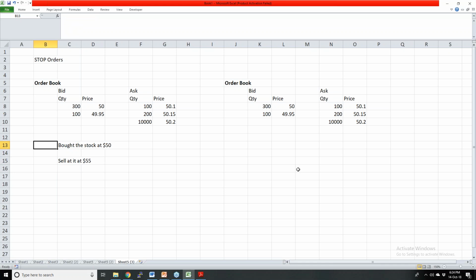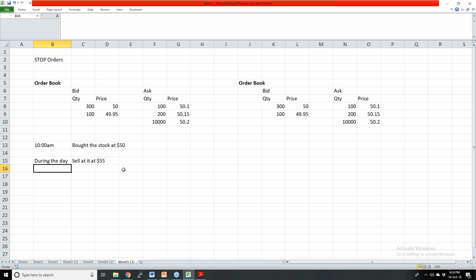Say I bought it at 10 a.m. at $50. During the day, I want to sell it at $55. So as soon as my trade happens, I will send a sell limit order at $55, and then wait for it to get traded.